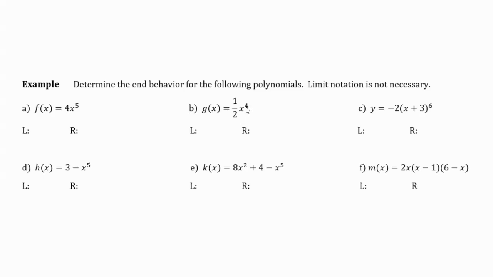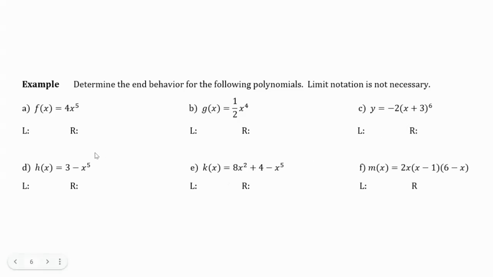So both ends will be going up. Both the left and the right will approach positive infinity. In C, it's an even degree with a negative lead coefficient, so both ends will be going down. Both the left and the right will be headed to negative infinity.